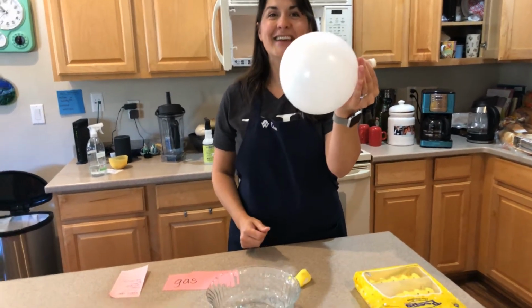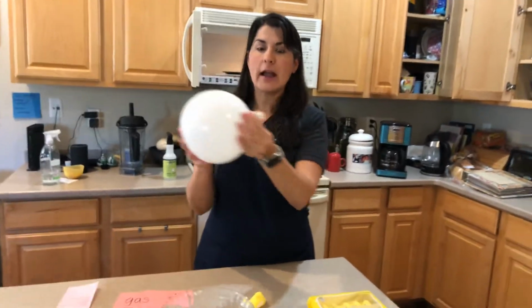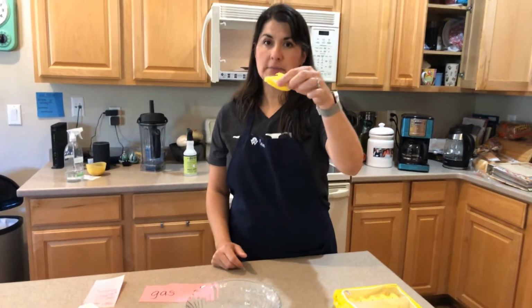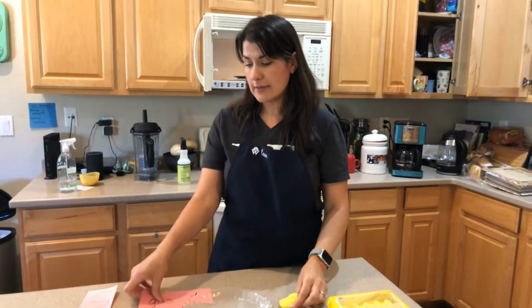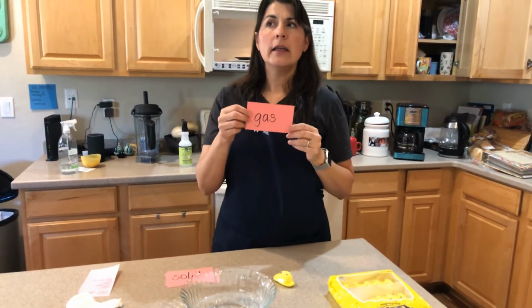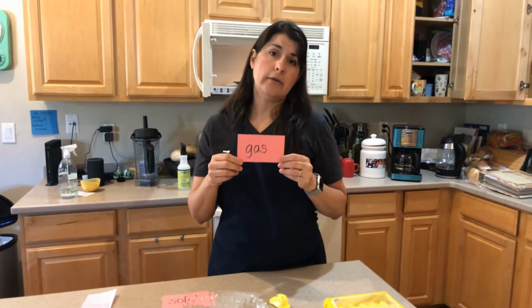There you go. So the air that we breathe, or that I would blow into this balloon, or that was mixed in with the food to make this peep, is called the state of being in a gas state.